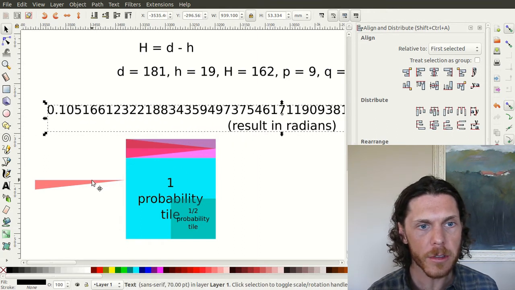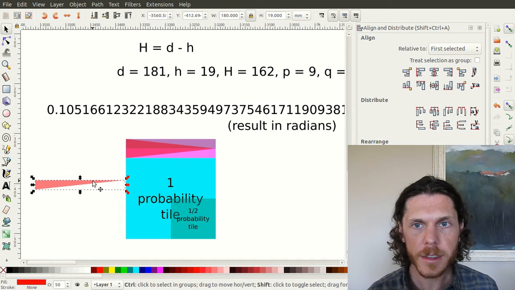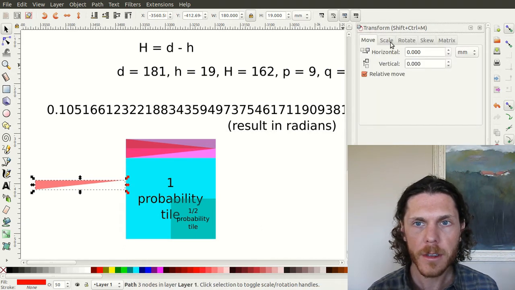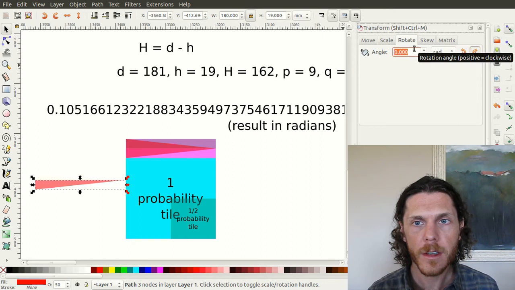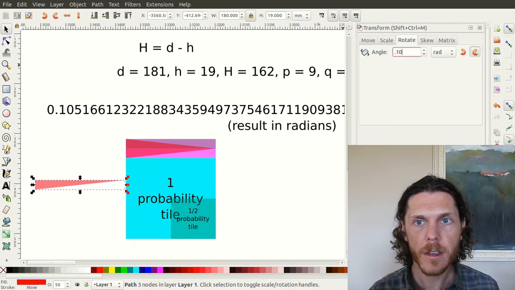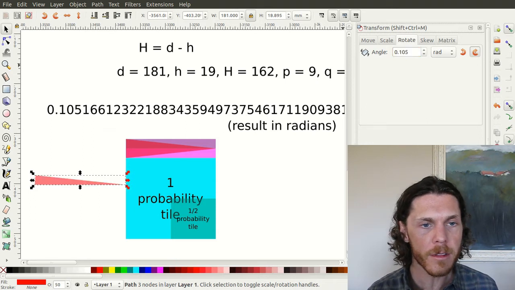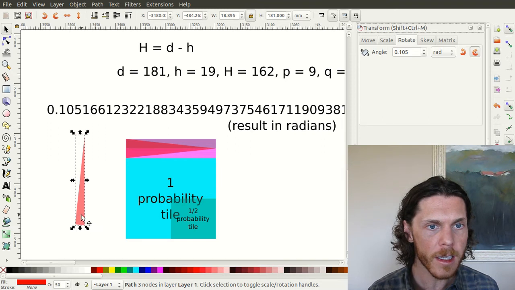Now using it to flip this right triangle. All right, giving it the right rotation and now putting it vertical, lining it up.